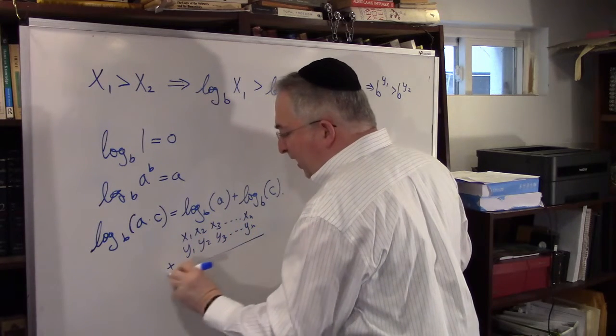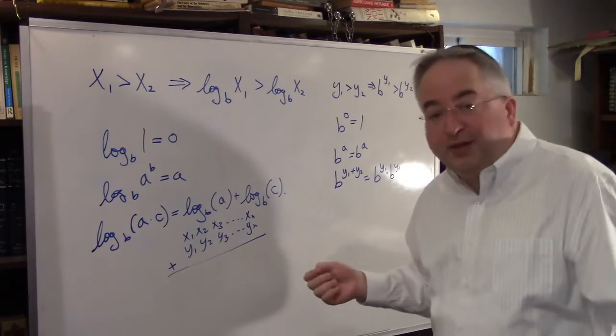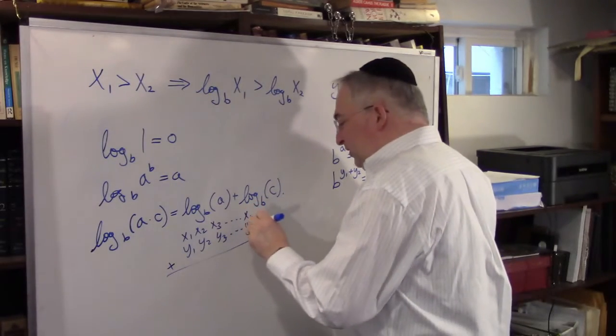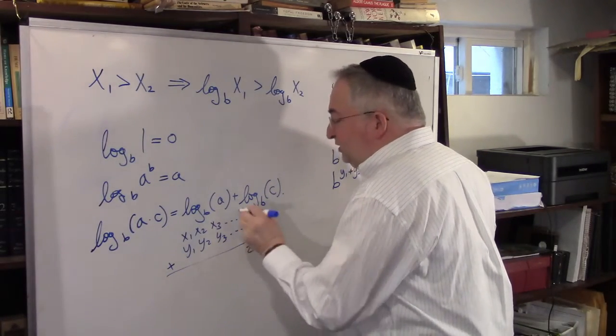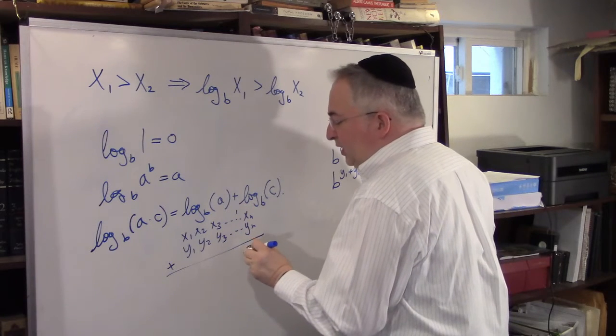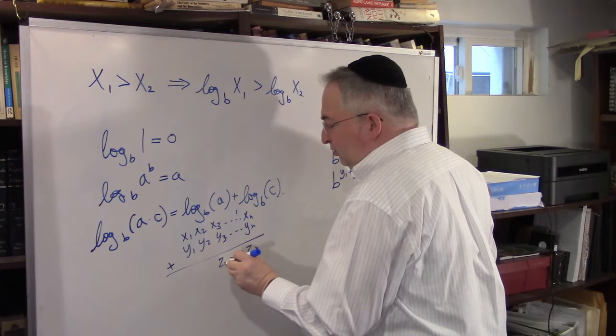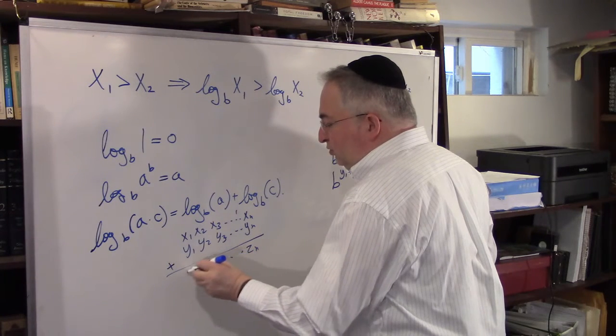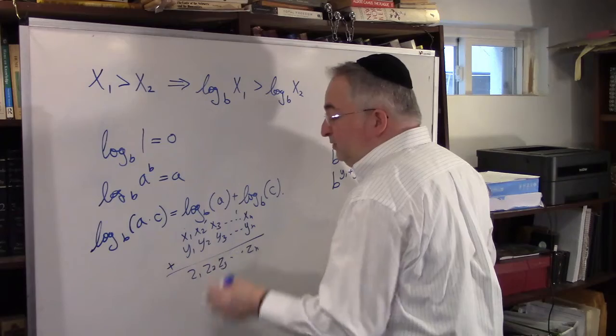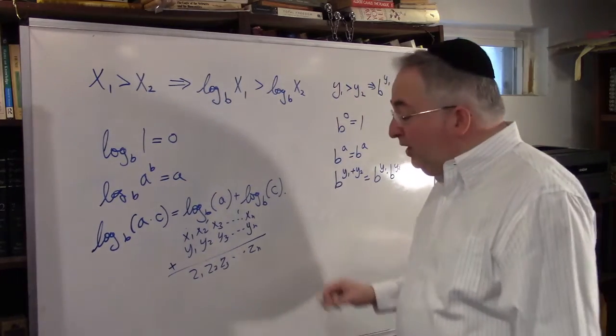I'm adding these digits. How do you add numbers? Okay, well, this plus this, and you put down this, and sometimes you have a carry, and sometimes you don't. Okay, so this will be zn, z3, z2, z1. Again, each time, sometimes you have a carry, sometimes you don't.